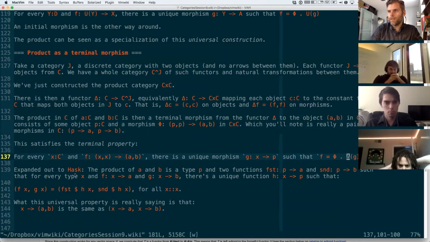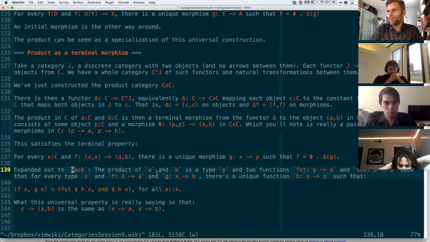So if we expand that out to the category Hask, then the product of the types A and B is the type P, and there are two functions, first and second, from P to A and from P to B, such that for every other type X, and any function f from X to A, and g from X to B, there must exist a unique function h from X to P that satisfies this equation.